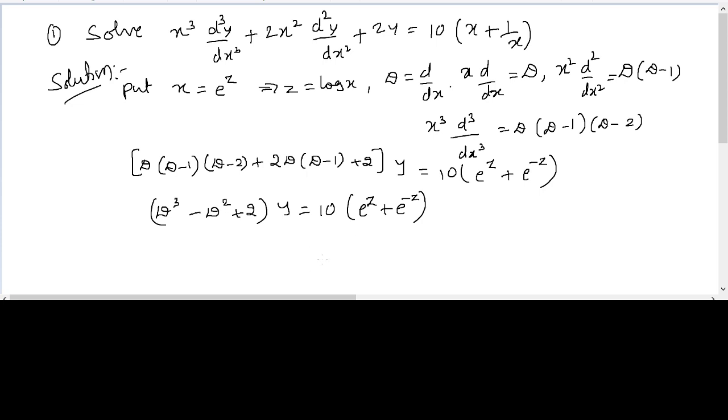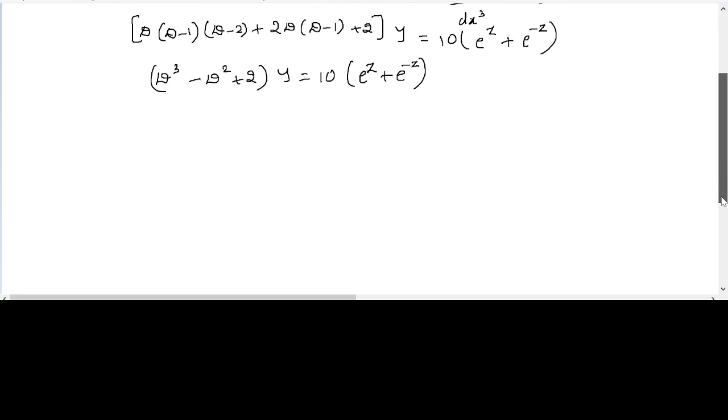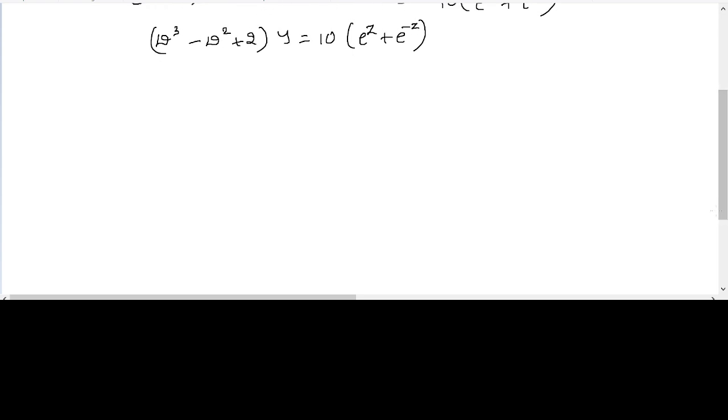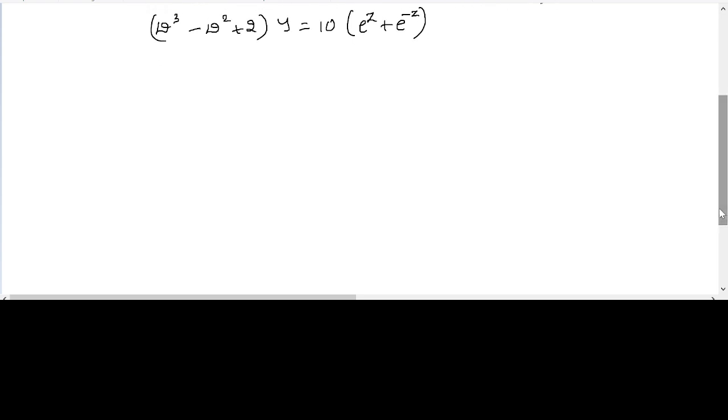If you observe this equation clearly, this is a linear differential equation with constant coefficients, and here y is a function of z. Okay, so as usual, find the complementary function and particular integral. For finding the complementary function, we need to write the auxiliary equation. What is the auxiliary equation here?